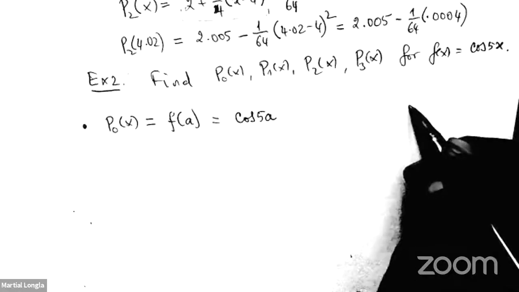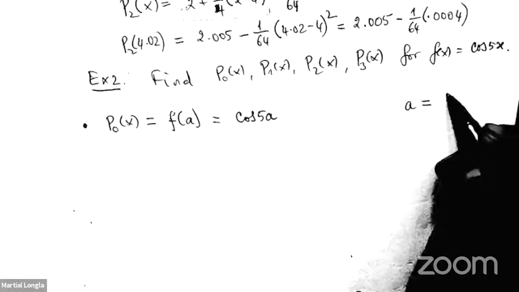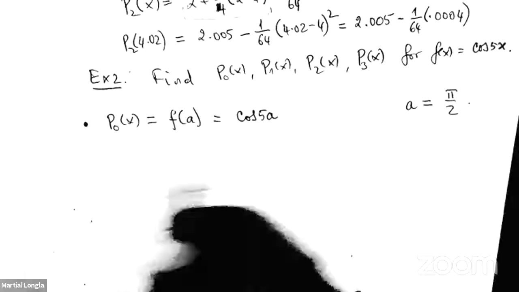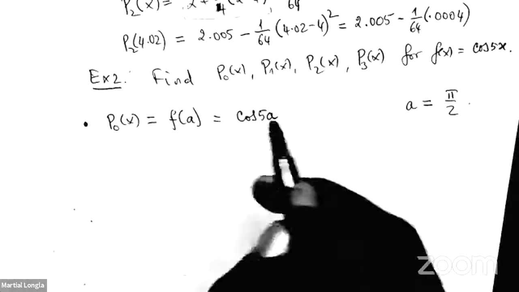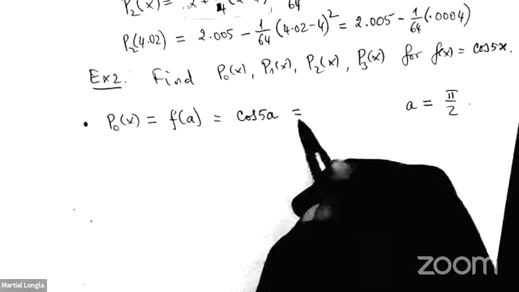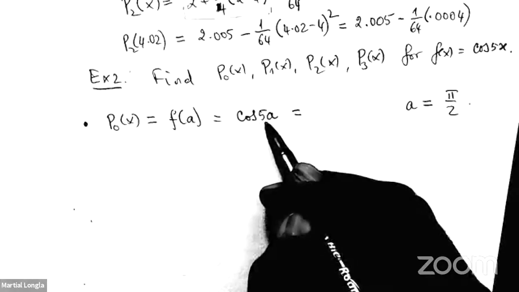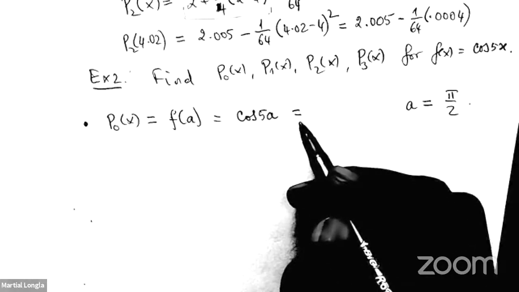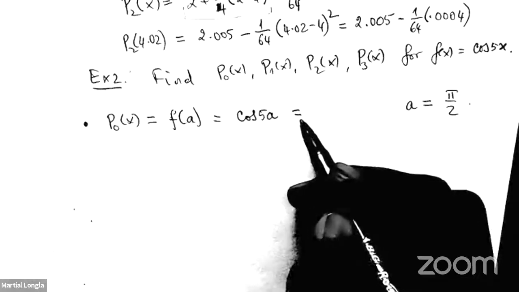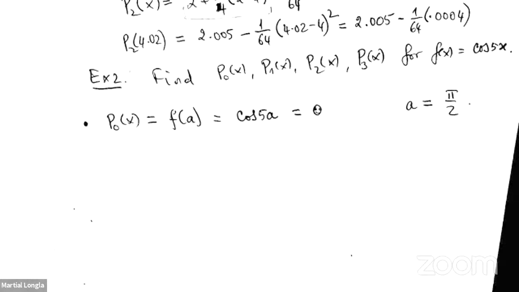And say I give you a equals pi over 2. So P0 will be, what's cosine of 5 pi over 2? That's 0. So P0 of x in this case is just 0, no matter what x is.